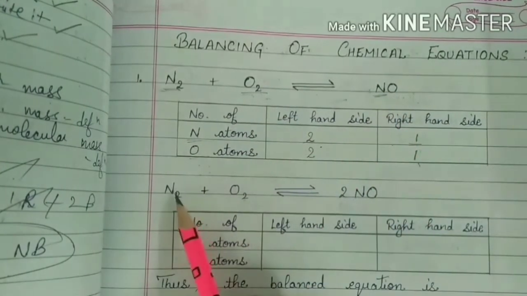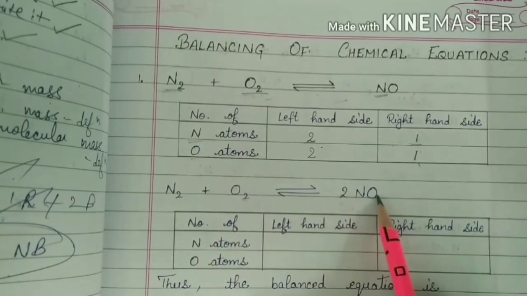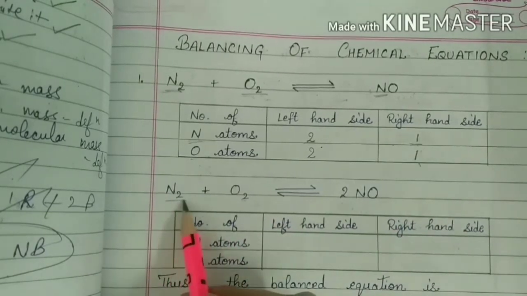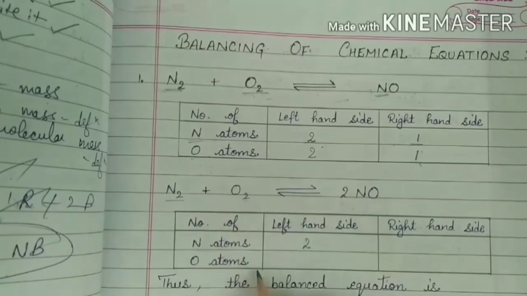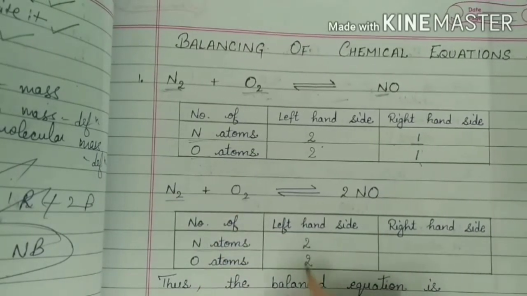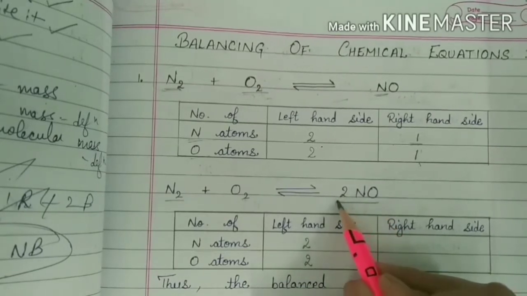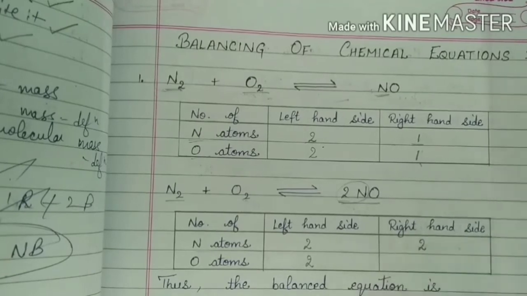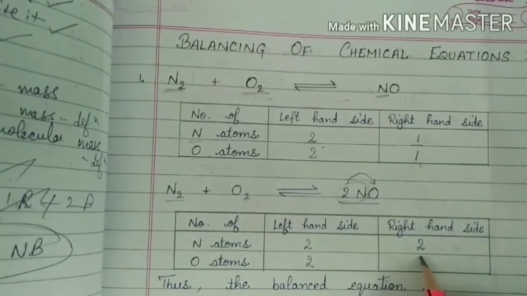So by writing this equation like N2 plus O2 gives 2NO, we have the number of oxygen atoms on the left hand side equal to 2, and on the product side, that is the right hand side, the number of nitrogen atoms is equal to 2 and the number of oxygen atoms is also equal to 2.